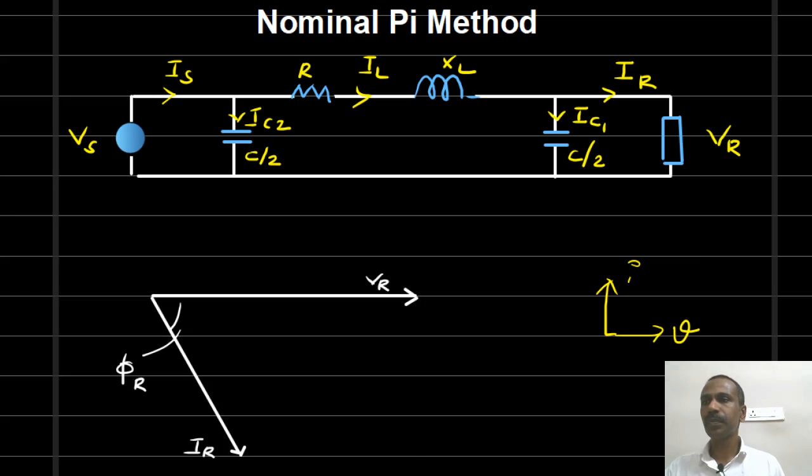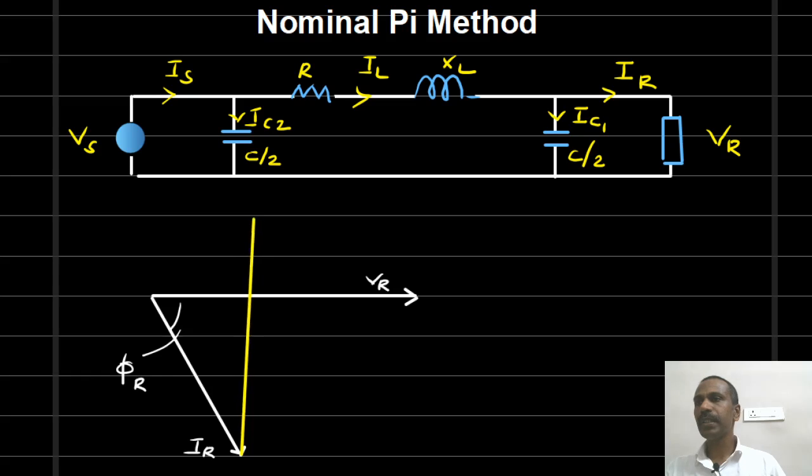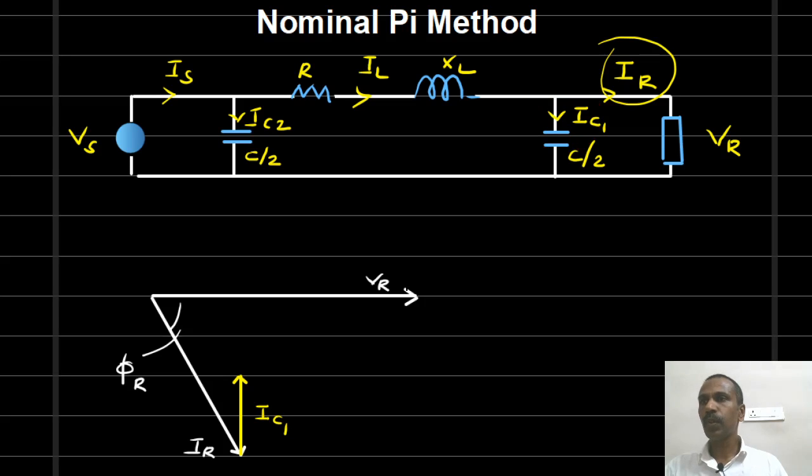So this is the voltage, so this should be the direction of current. So this is the current IC1. It leads the voltage VR by 90 degrees. So now what is IR plus IC1? It is IL, the current through the transmission line. So this is IL, current through the line.